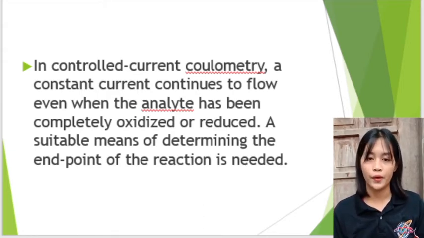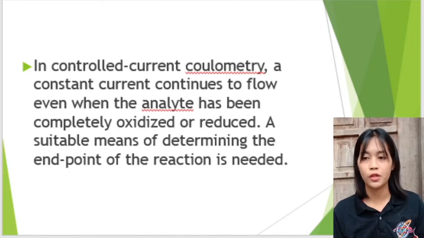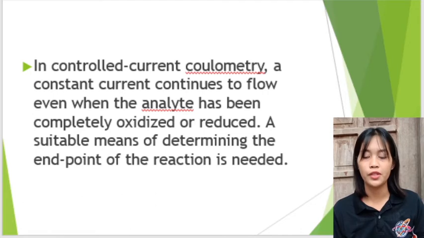Most of the endpoint detection methods applicable to volumetric analysis are equally satisfactory. Visual observations of color changes of indicators, as well as potentiometric, amperometric, and photometric measurements have all been used successfully.